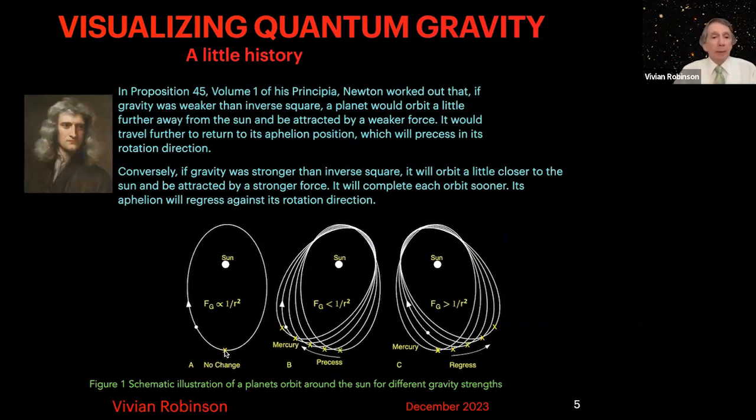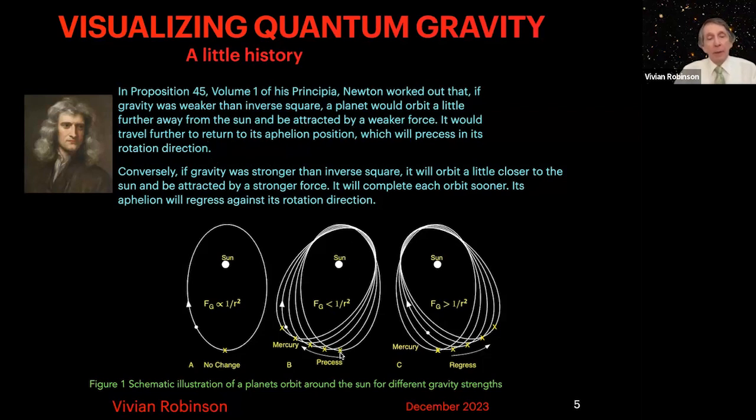In Proposition 45 of his Principia, Newton worked out that if gravity was weaker than inverse square, a planet would orbit a little further away from the sun and be attracted by a weaker force. It would travel further to return to its aphelion position, which will then precess in its rotation direction.